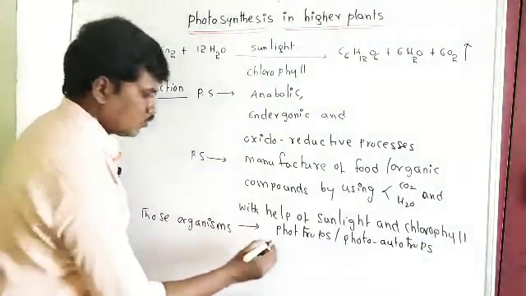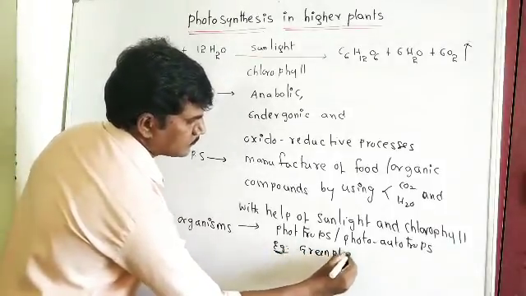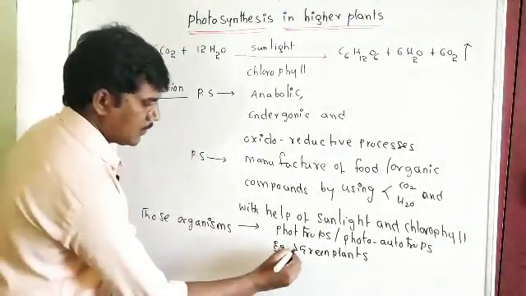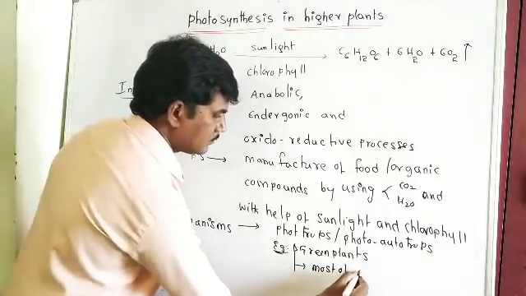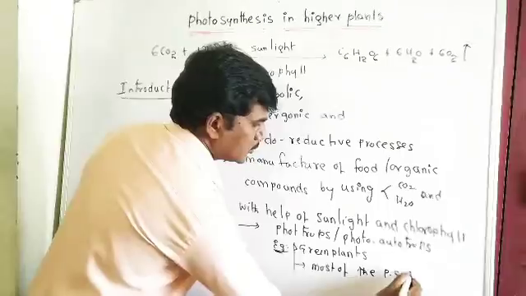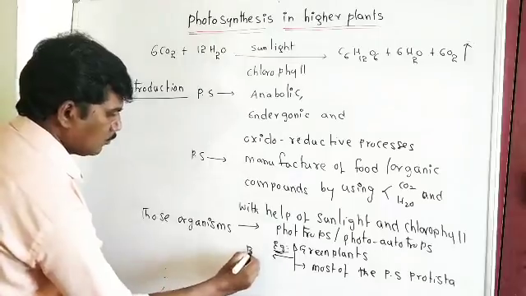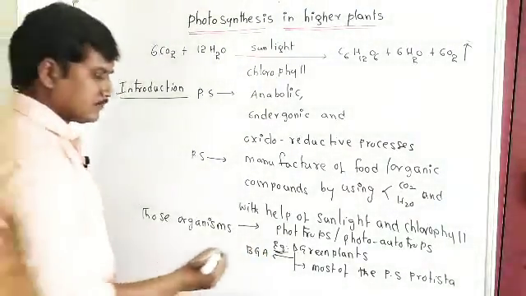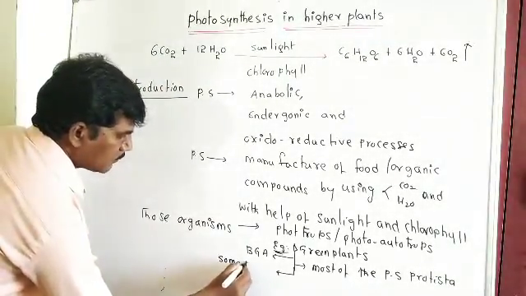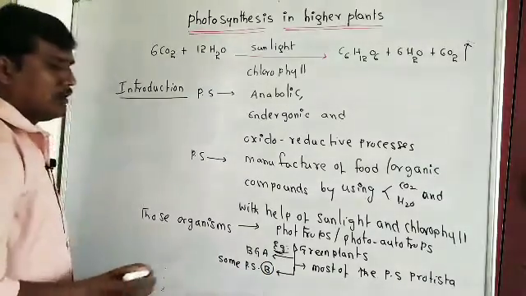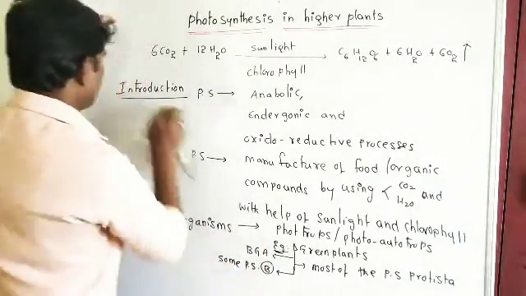Examples of photoautotrophs are green plants, most photosynthetic protista, blue-green algae, and some photosynthetic bacteria, which also carry out the photosynthesis process. So very important. Now come to the next point.